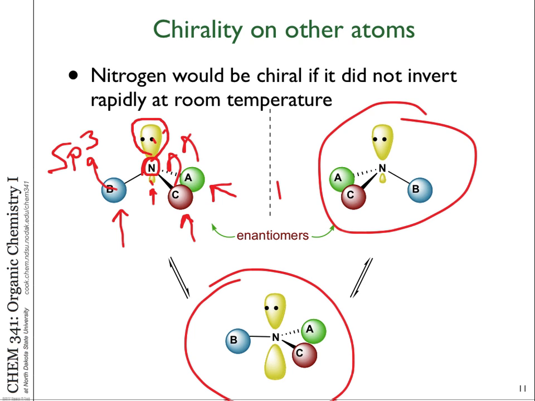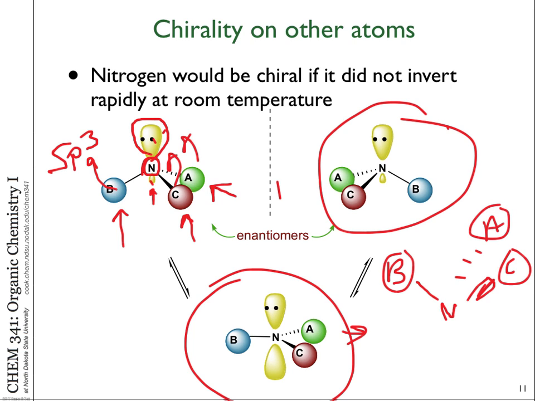Actually, I'm drawing it this way, but if I were to continue drawing this, I would draw it like this: B, C, and A with the lone pair down. Okay, that's just this rotated. So it inverts, just like an umbrella on a windy day. It will turn inside out.